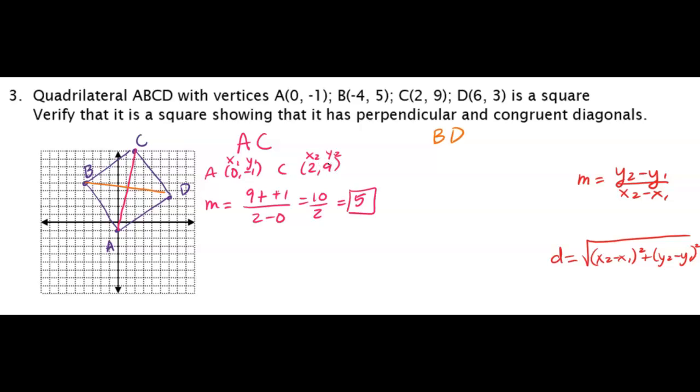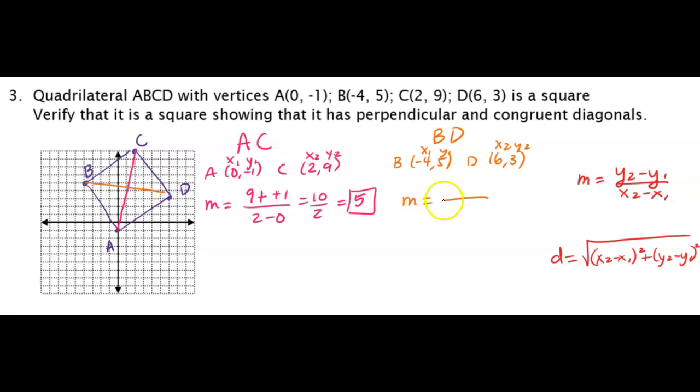Now let's figure out the slope of BD. So I'm going to write my points down again. So I have -4, 5 for B, and then D is 6, 3. I'm going to label my points x1, y1, x2, y2. And now I'm going to plug them into the slope formula.